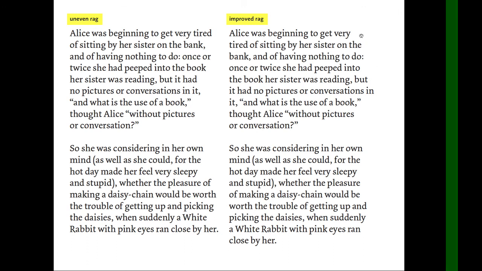All right, so "very tired" jumped to the next line, which knocked "bank" to the next line, "once or" to the next line, etc., etc. So in our first paragraph, we have much more of a smooth curve. In our second paragraph, I wanted to do something about that huge jut in and cliff on the fourth line.